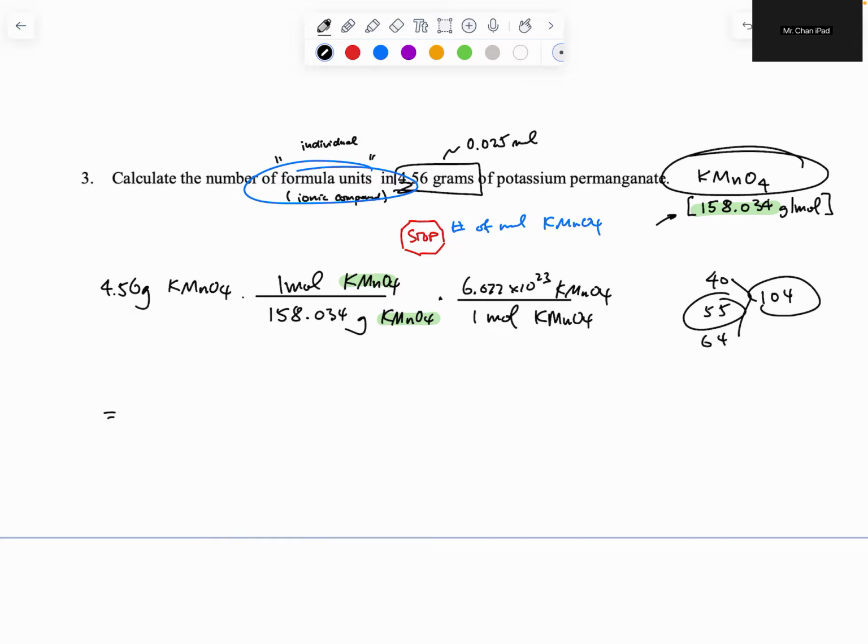So first, 4.56 divided by 158.034, and then on your calculator, you do 6.022 times 10 to the 23rd, and then you get your number, and that is 1.73 times 10 to the 22nd KMnO4, that many individuals. Not moles, because we are not talking about groups anymore, and if you look at the units, the mole is canceled as well.